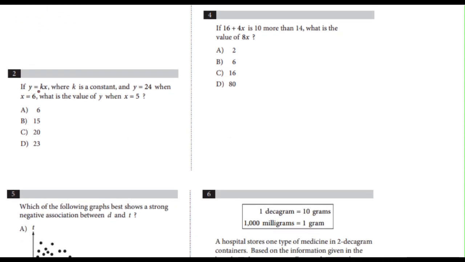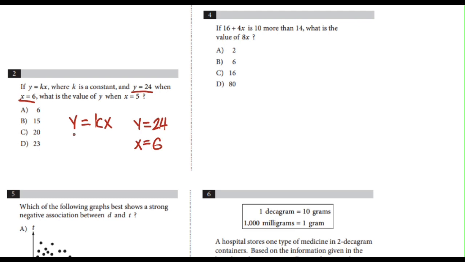Number 2. If y equals k times x, where k is a constant, and y equals 24 when x equals 6, what is the value of y when x equals 5? First, we use the first two values that they give us for y and x. Starting off with y equals x times k, we have that y equals 24 and x equals 6.